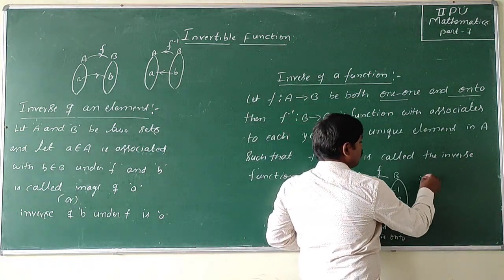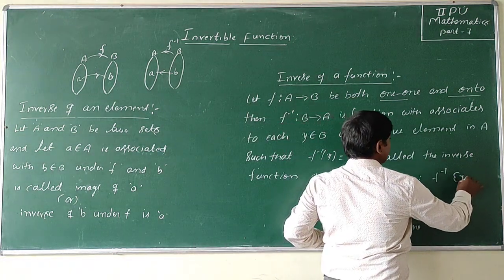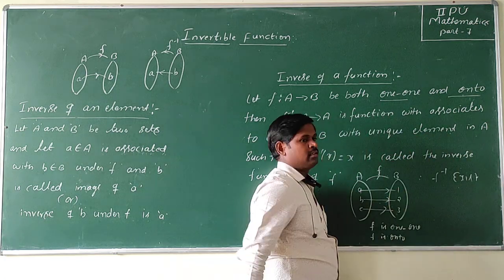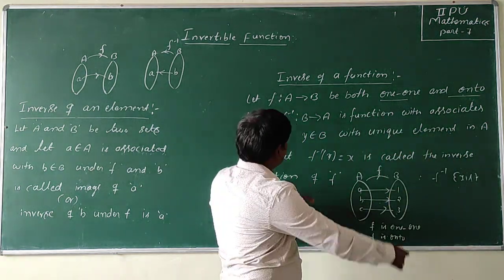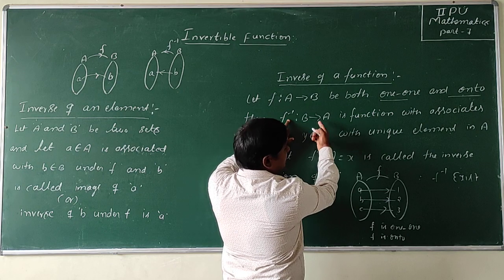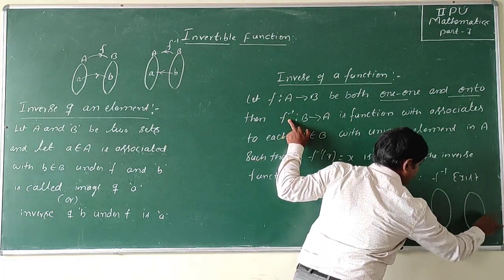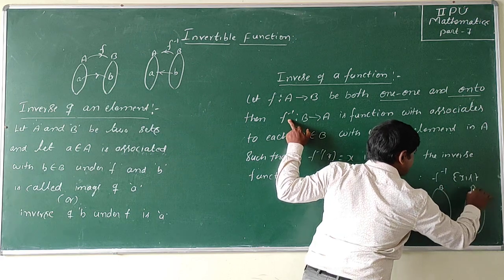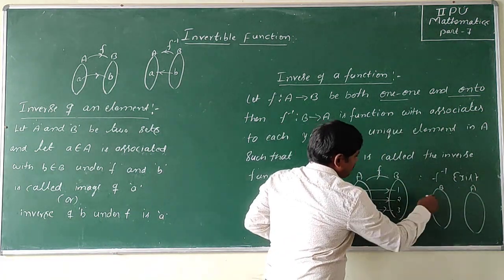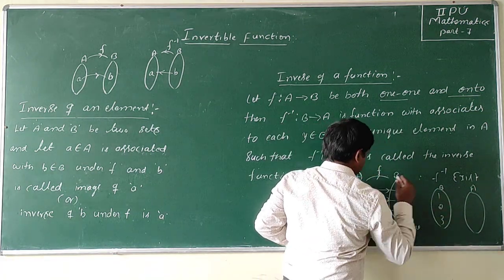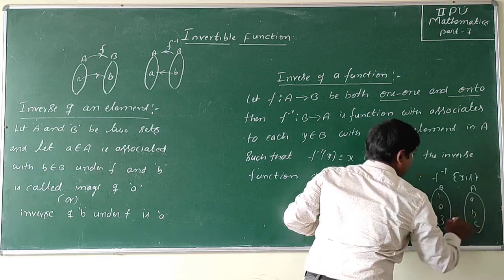Therefore f inverse exists. f inverse is a function from B to A. So this is the set B and this is the set A, with elements of B being 1, 2, 3 and of A being a, b, c.